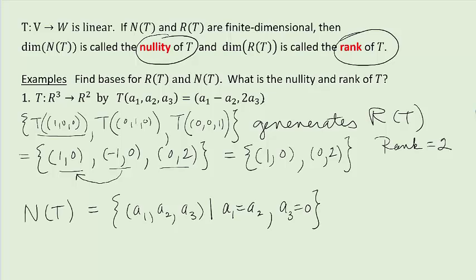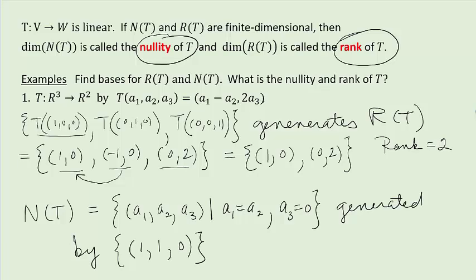And you can see that this would be generated by one vector, and we could put 1, 1, 0. That is a basis for the null space in V. If you multiply that by any constant, you get a1 equals a2 and a3 equals 0. So the nullity, the dimension of the null space, is 1.